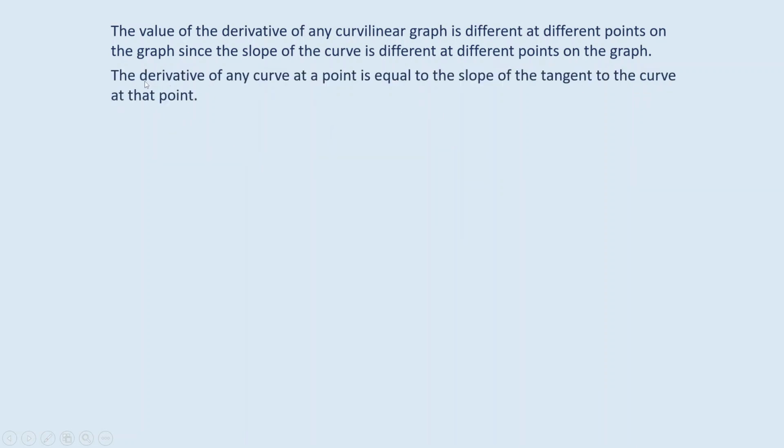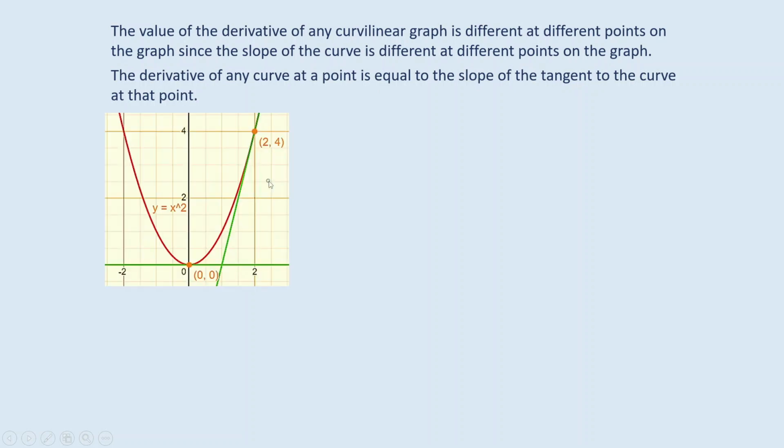The derivative of any curve at a point is equal to the slope of the tangent. Tangent is a straight line, so it will be equal to the slope of that straight line tangent to the curve at that point. So that is how we get the derivative of any curve at a particular point, because it is not the same at all the points.